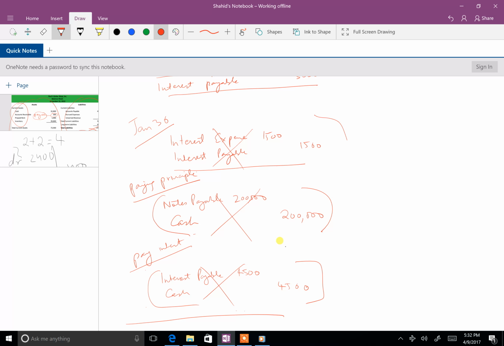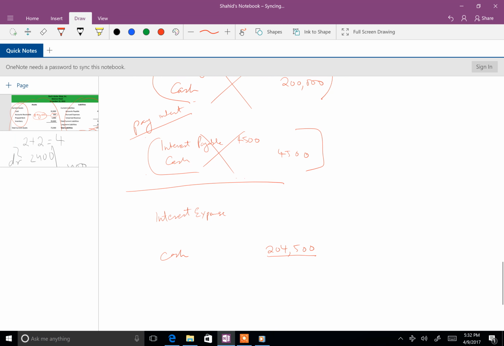So I'm going to put it all in one shot. That's 1,500 debit, so that will affect your income statement. Then you already have an interest payable from 2015, which is $3,000. And then you have notes payable, your principal that you created in the beginning when you got this loan, and you're going to debit that for 200,000.